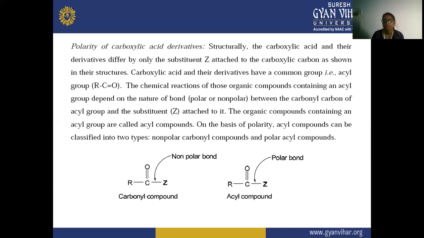But you can see that the acyl part which is attached to the substituents is common for all the carboxylic acid derivatives, because structurally the carboxylic acid and their derivatives differ by only the substituent Z that is attached to the carboxyl carbon, as shown in the structure.